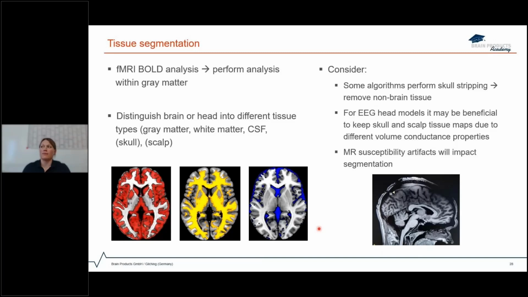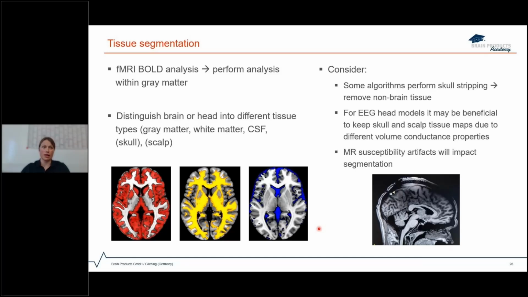For combined EEG analyses, particularly ones that are doing EEG source reconstruction, we may want to consider also segmenting skull and scalp tissue maps for later estimating our EEG head models.